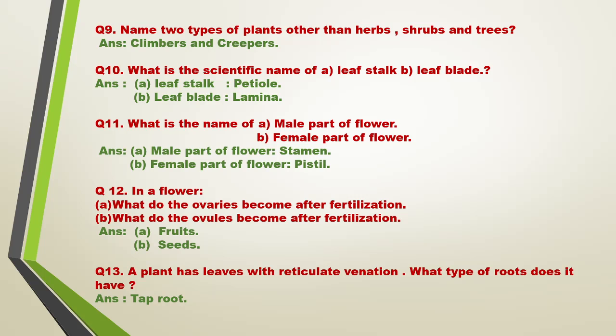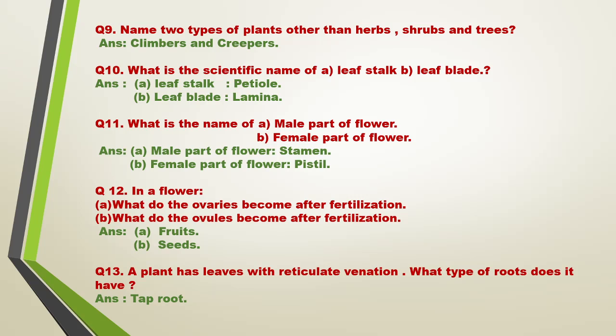Okay. Next question. A plant has leaves with reticulate venation. What type of roots does it have? By seeing the venation only, we can assume whether the plant has the taproot or the fibrous root without pulling the root. As I taught about venation, plants have two types of venation.